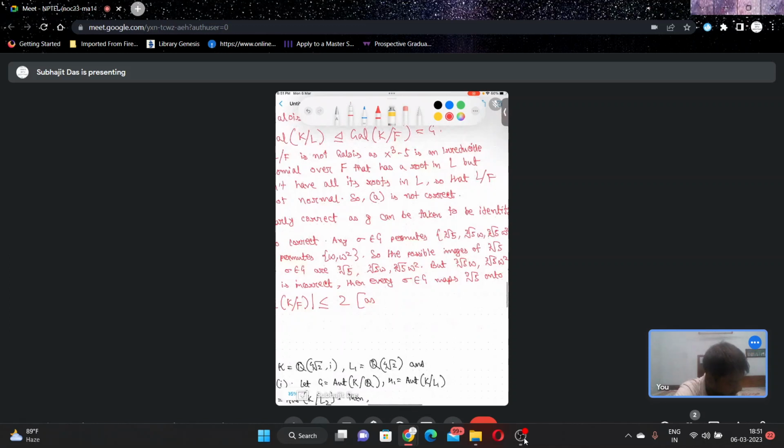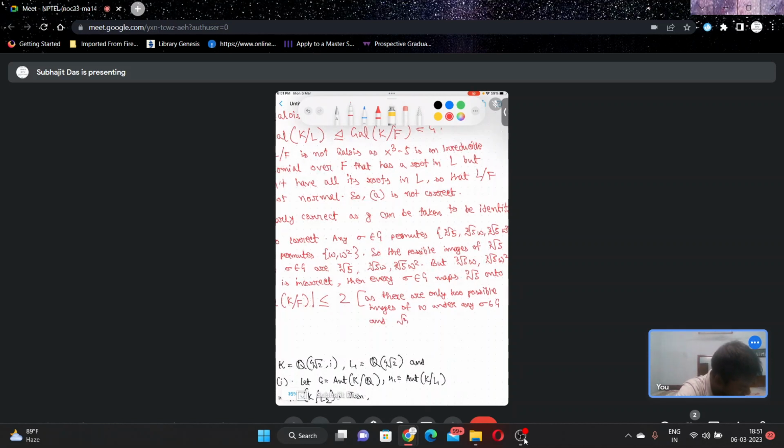As there are only two possible images of omega under any sigma in G, and cube root of 5 is fixed by every sigma in G. So every sigma in G fixes cube root of 5 and it can map omega onto two places, right?